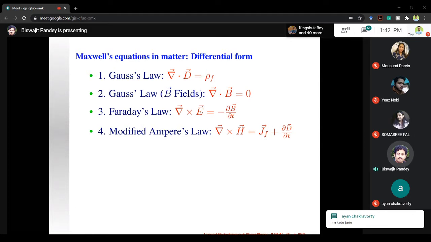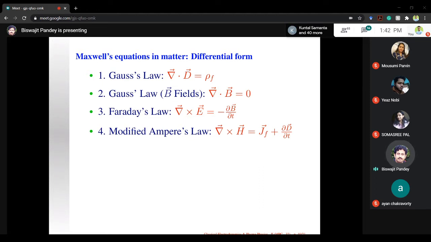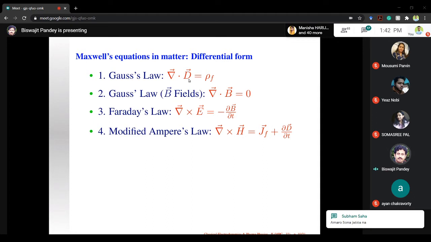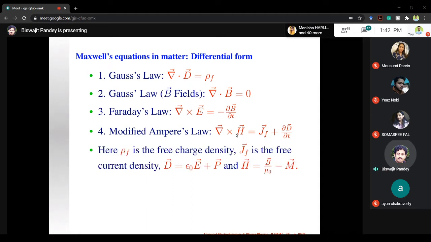If you take all those terms into account, then the electric field has to be written in terms of the electric displacement vector D, and H is the magnetic intensity. These are the relationships between D and E and between H and B, where P is polarization and M is magnetization. So these are basically the general Maxwell's equations in matter.